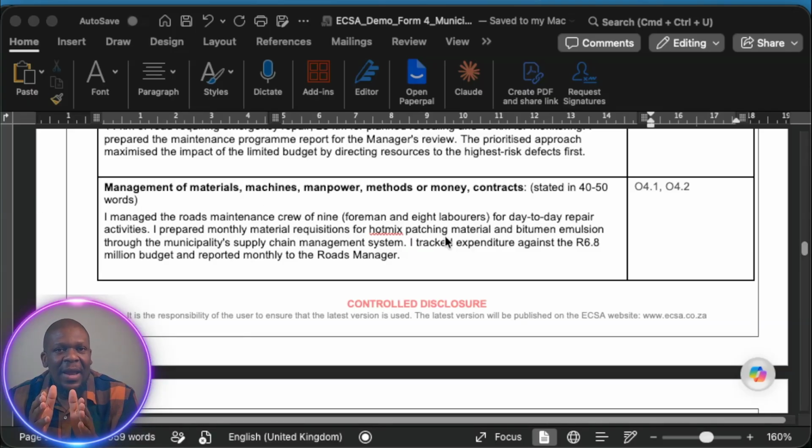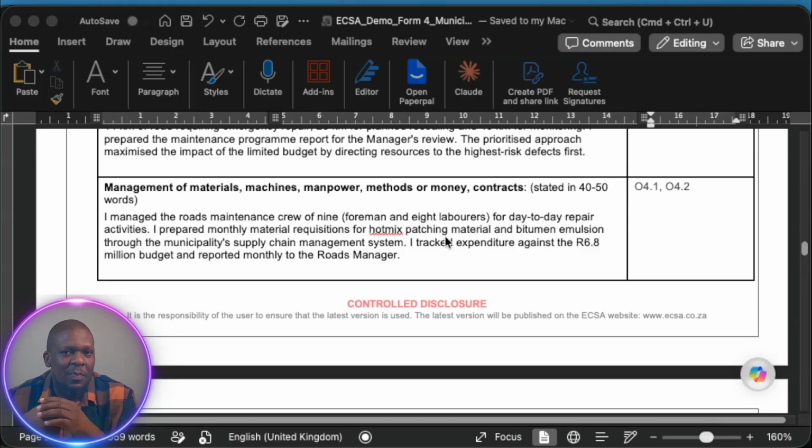I prepare a monthly material requisition for hot mix in terms of that material, bitumen, and through the municipal supply chain management system, I then procure that material. Or if you have procured it previously, you are able to take it from wherever it's stored.